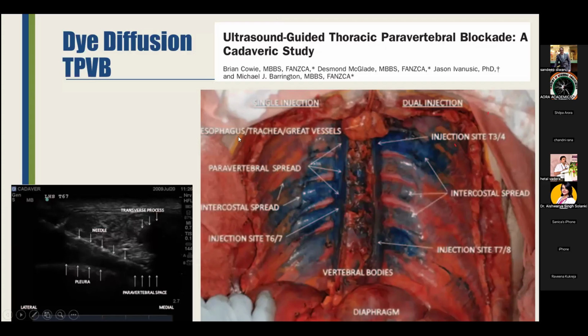Now, cadaveric studies have seen that this definitely goes along the paravertebral space, and it also extends laterally. At the point of injection, the lateral extension is more than the one which is more cranial or caudal, and the density of the drug injected is more at the point of injection, and when you go more cranial and caudal or go more lateral, the density becomes lesser.